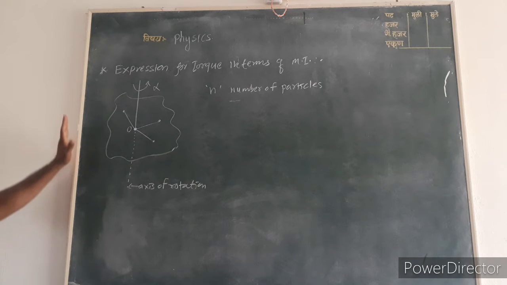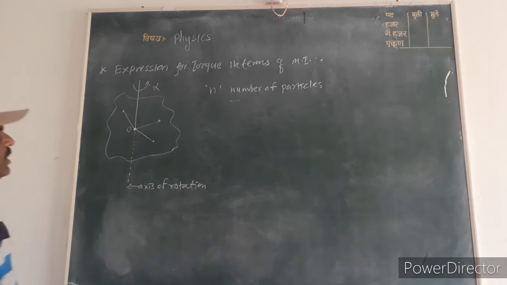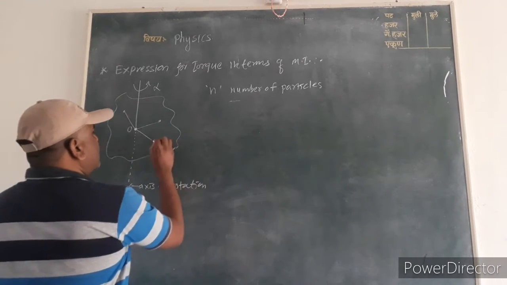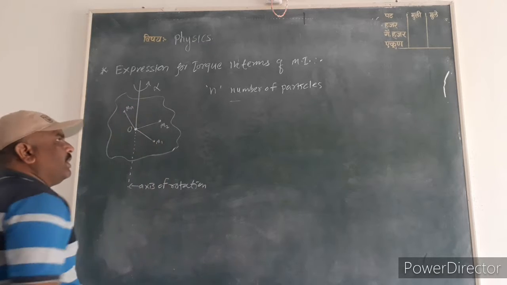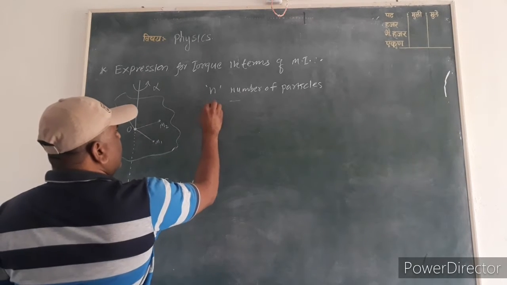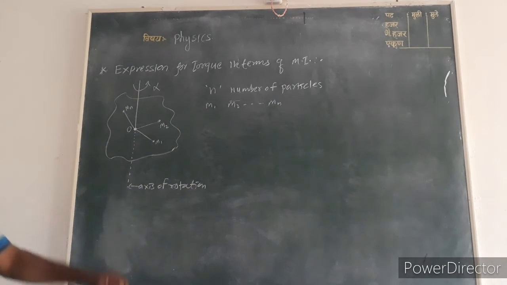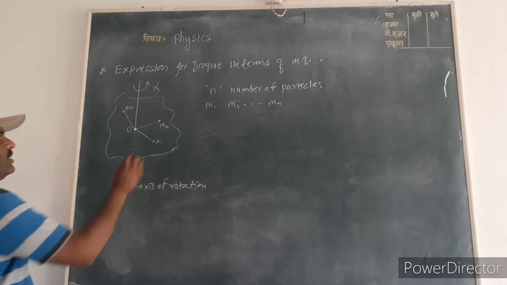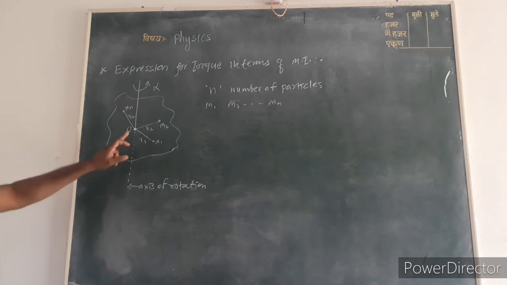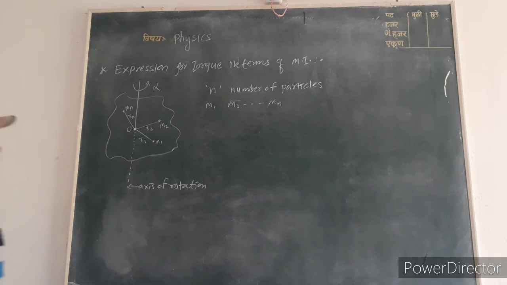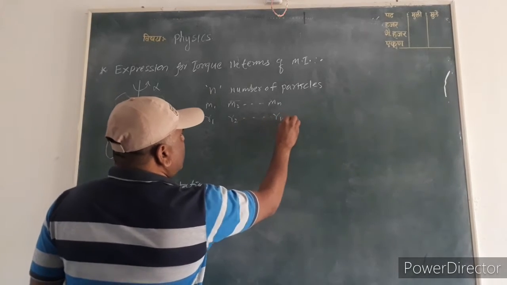Each particle has mass m1, m2 up to mn, and these particles are situated at distances r1, r2 up to rn from the center of the axis of rotation.